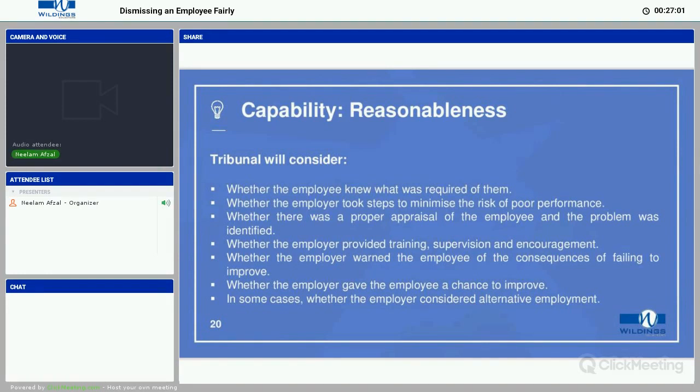Now, where there is just one issue of poor performance, it's unlikely that a single act of poor performance will warrant a dismissal. However, there are some cases where it will be reasonable to dismiss an employee for serious acts of conduct, for example a pilot, a nuclear scientist or a train driver, where a single mistake could lead to major consequences and warrant a dismissal.